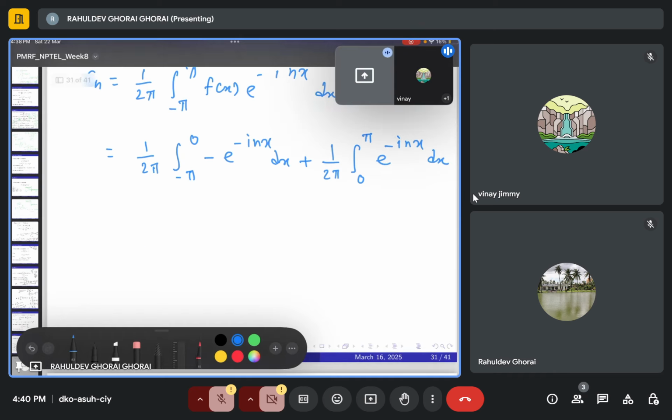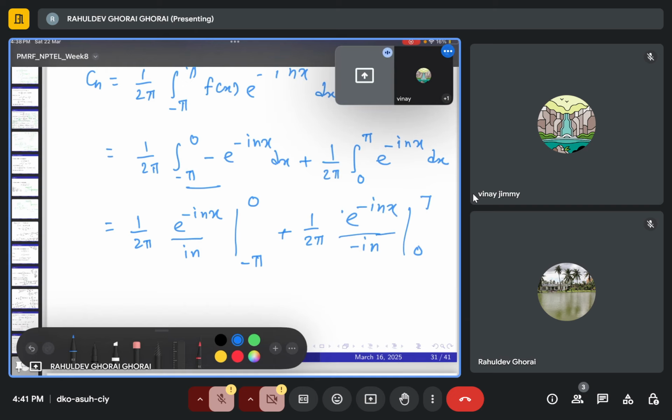So what does this give? This gives you 1 over 2 pi. The first one, what will it give you? e to the power minus i n x over minus i n, but another minus is there, so it will be i n, from minus pi to 0, plus 1 over 2 pi, minus e to the power minus i n x over minus i n, 0 to pi, right?